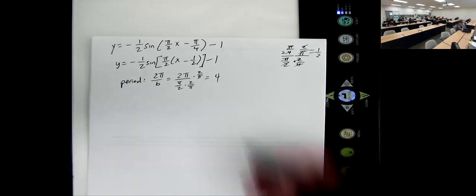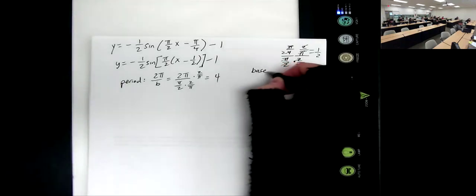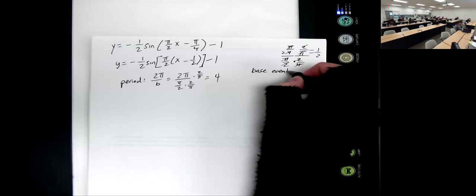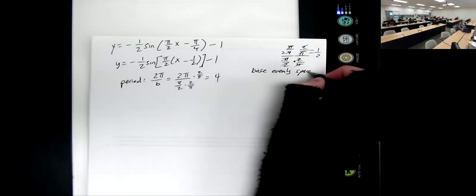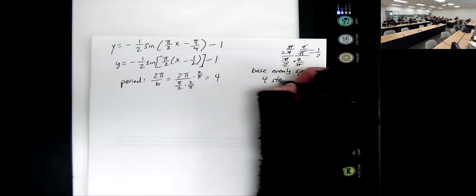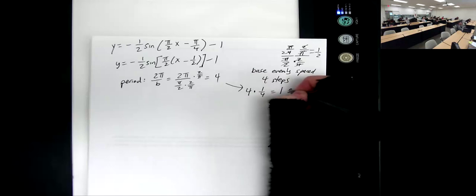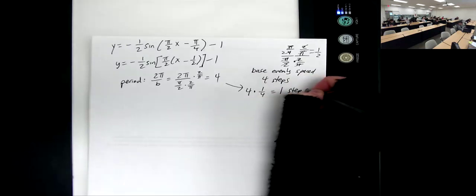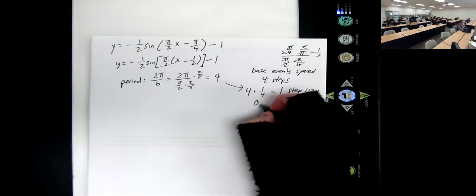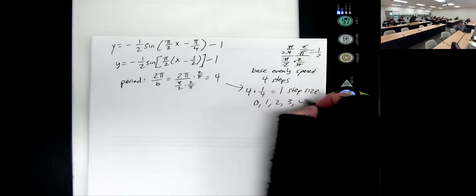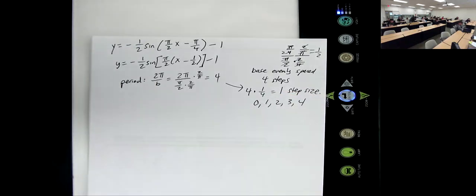I wanna do the base evenly spaced out in 4 steps. Step size is 4 times 1/4, so we'll be at 0, 1, 2, 3, and 4. So is that times 1/4?